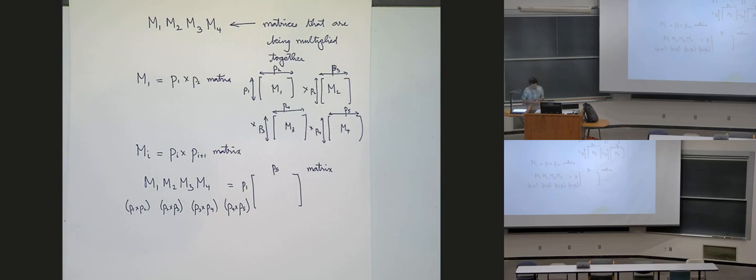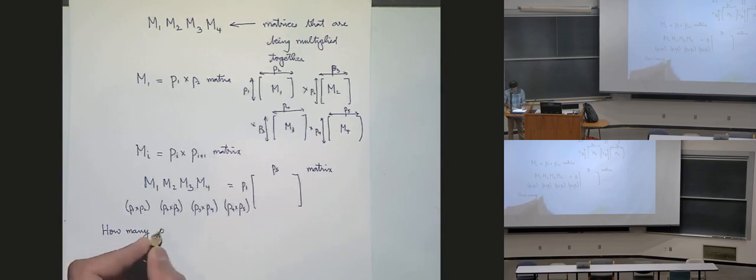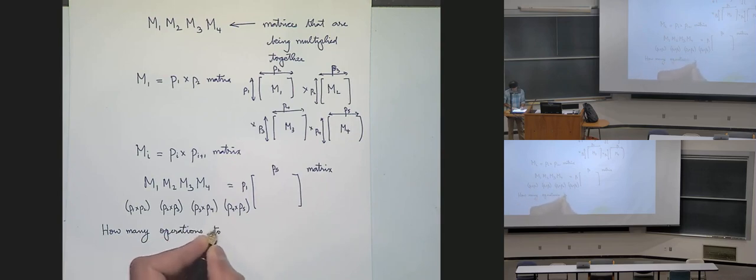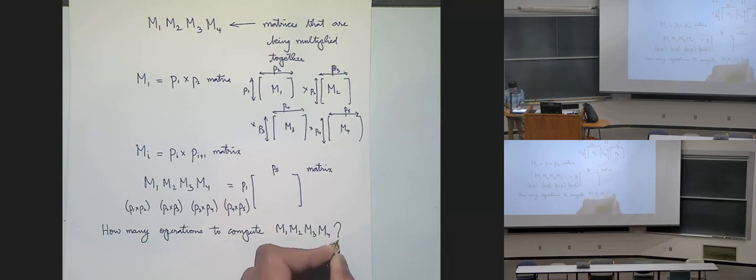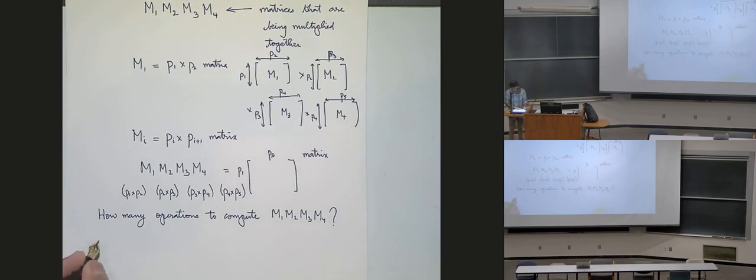So let's look at how many operations to compute M1, M2, M3, M4. So let's just start with M1, M2. Okay?